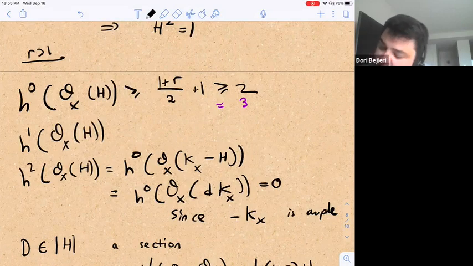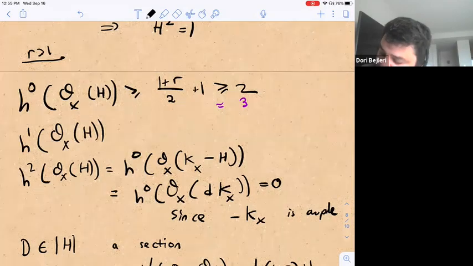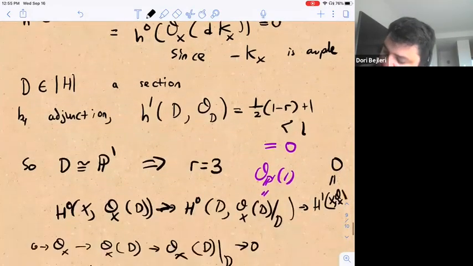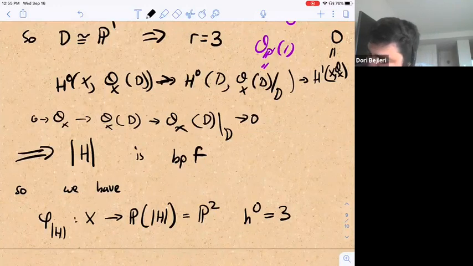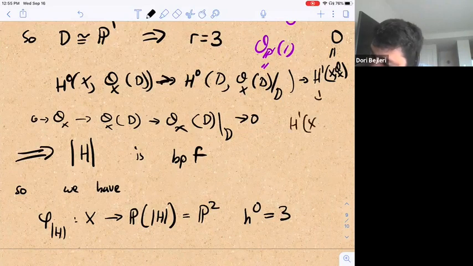Oh, and the reason this h1 of O of H vanishes now that we've computed a little more is by continuing this long exact sequence here. So OX of D is a member of H, so this is the same as OX of H. And if we continue the exact sequence, we have H1 of OX maps to H1 of OX of D, or OX of H. This thing we want to show is 0. And then the next term is H1 of P1, O of 1.